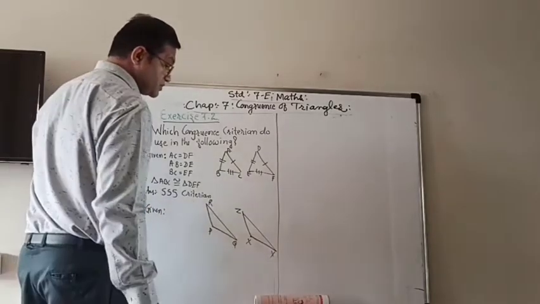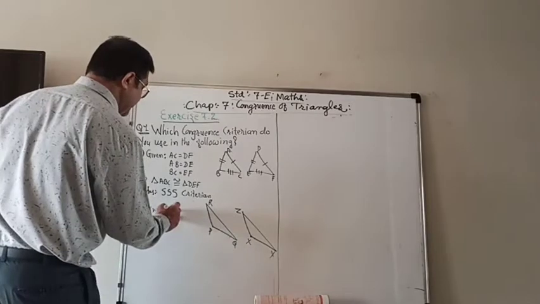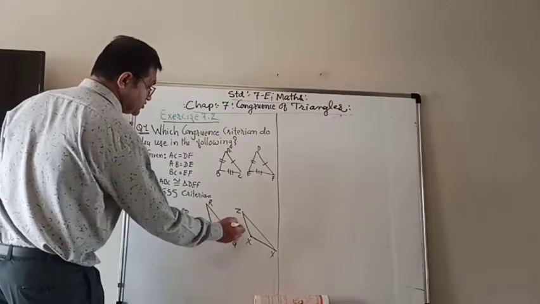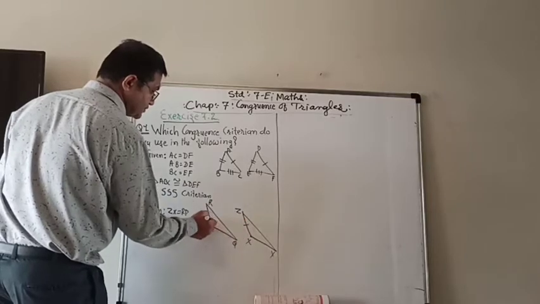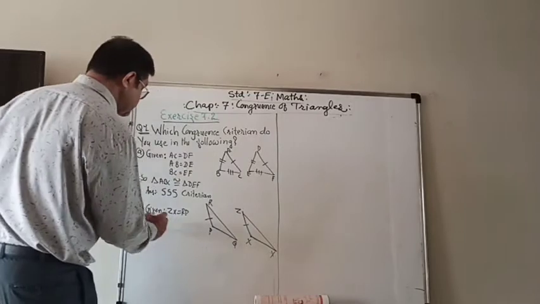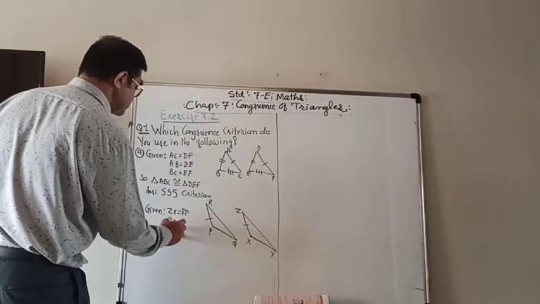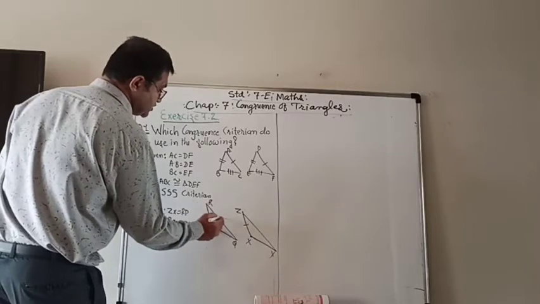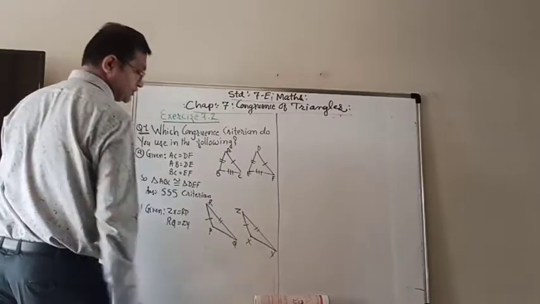Given is ZX is equal to RP. Next, RQ is equal to ZY. So RQ is this one, ZY is this one.